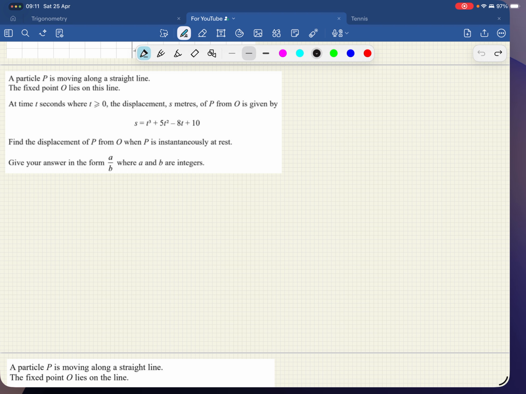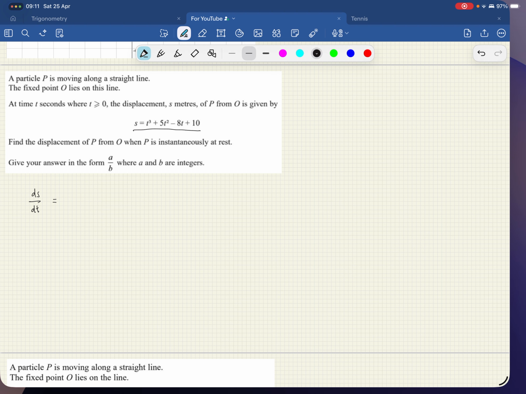We need to find when we're at rest. So we find the velocity function and solve for 0. And that tells us when we're kind of standing still. So the first thing to do is differentiate this function here. And so it's not dy by dx, it's ds by dt.